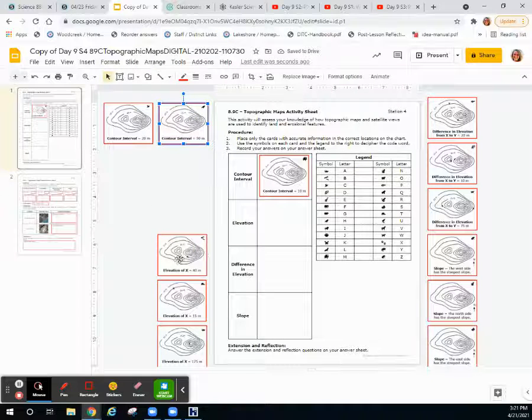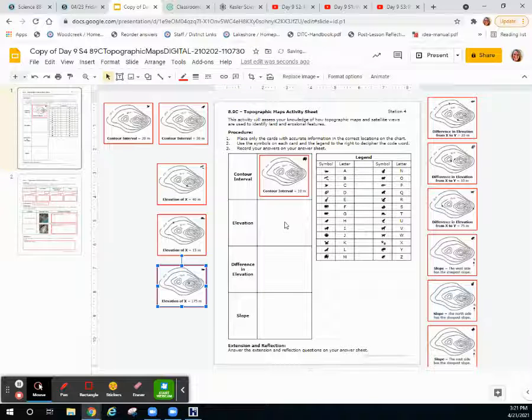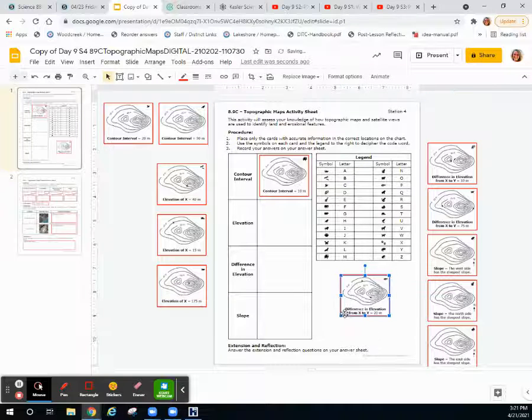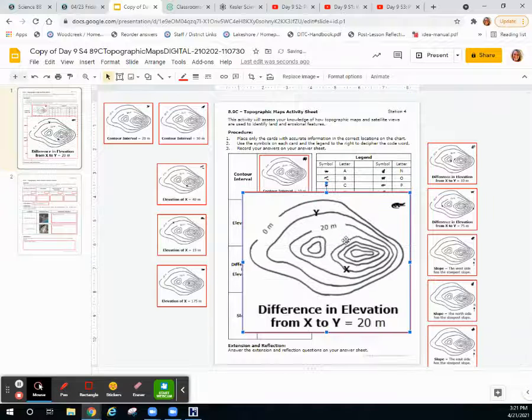You're also going to have to check to see if the elevation of each of these examples is right, and the one that is correct will go here in the box. We have difference in elevation, so what that would be doing is determining what the change in elevation is between X and Y. So here it's saying that the difference is 20 meters from X to Y. And so I'm going to look around.